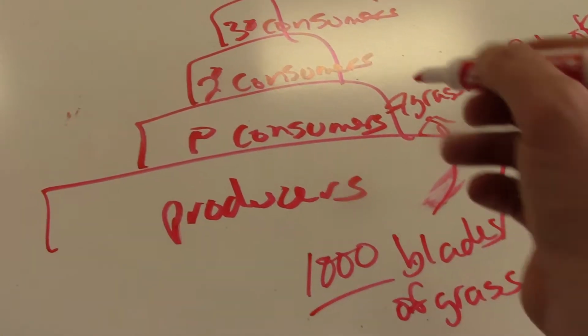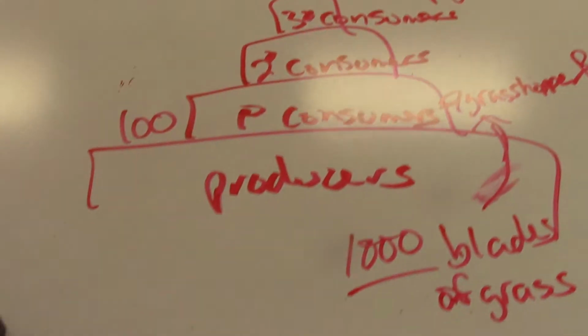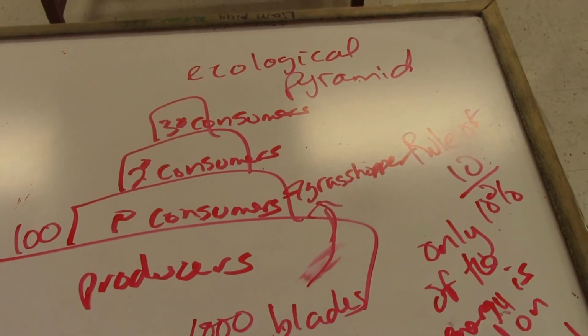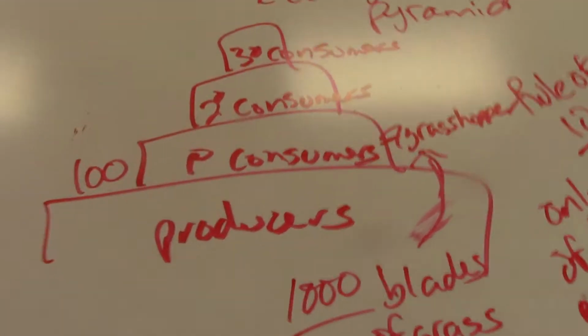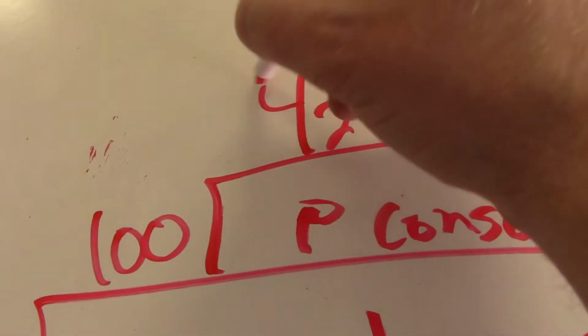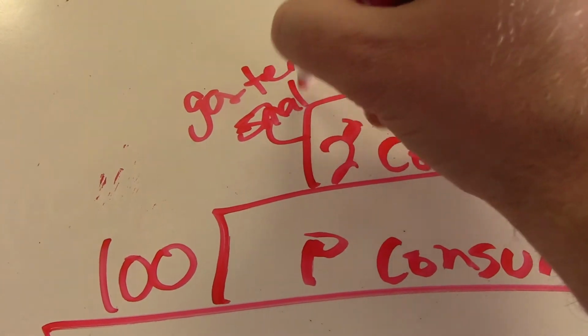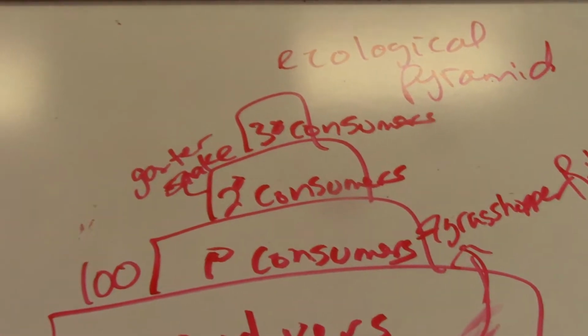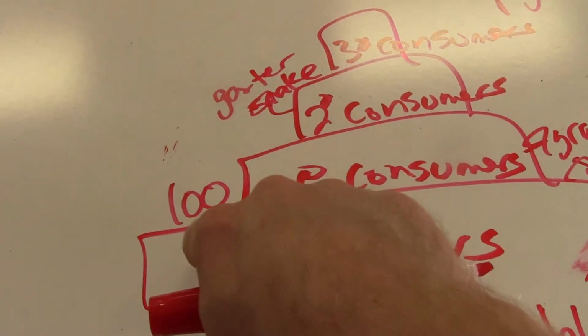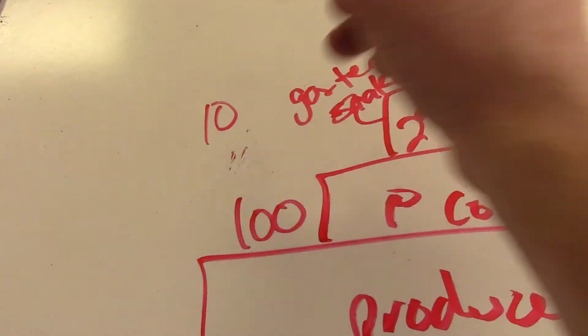So if I have 1,000 blades of grass, there's only going to be 100 grasshoppers. And then let's say we have a garter snake that eats the grasshopper. We'd lose another 90% of that energy, so we'd have 10% of this. So there's only 10 garter snakes.